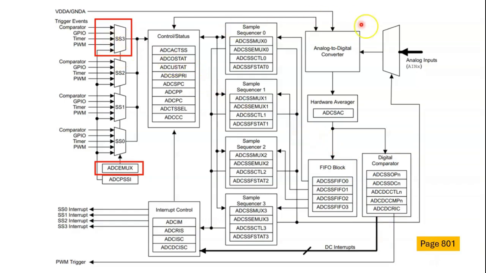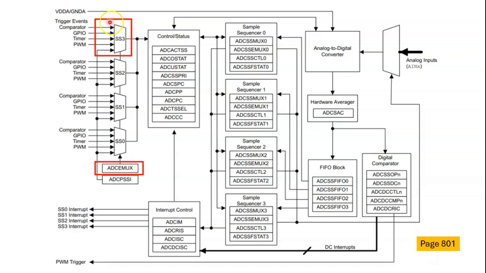Now, this is a typical configuration, and it applies to both the ADC0 and ADC1. Now, these little boxes here are the registers, and I'll be referring to some of these registers in my coding or in my program.